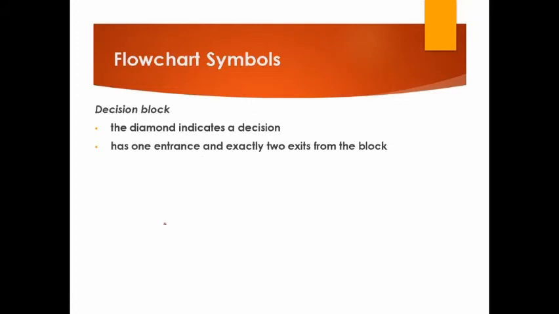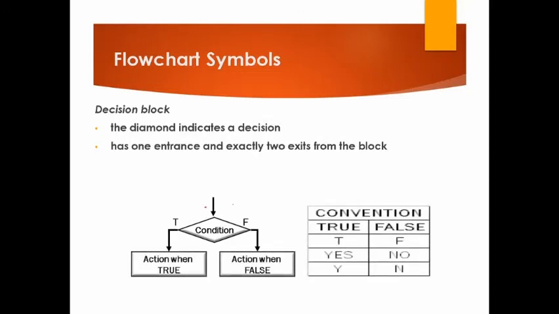Next one, the decision block. The symbol for this one is a diamond. It indicates a decision. It has one entrance and exactly two exits from the block. If you check my presentation, we use a decision block here, a diamond.